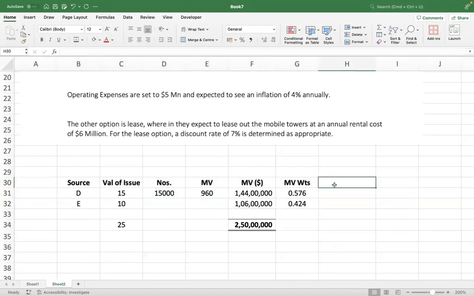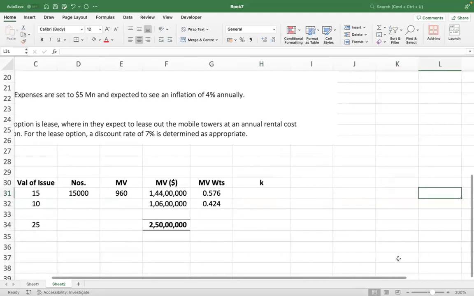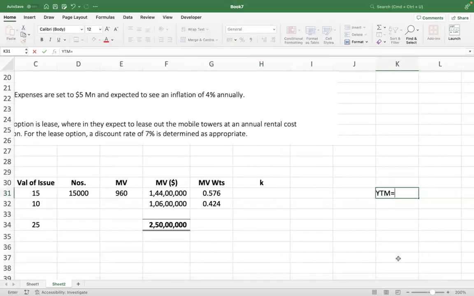Now next is what? To determine the costs of capital. Now for cost of debt, you remember we use the YTM. I told you about the YTM.